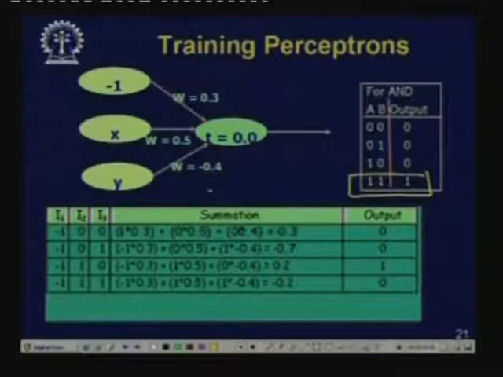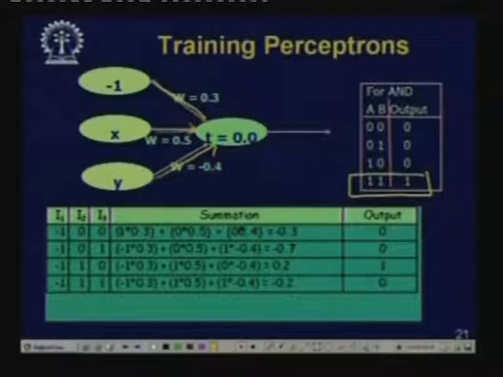Now, given this network, we have to see what the error of the network is with respect to this table. If A is 0 and B is 0, we can find out what the output would be. These links do not contribute anything, only this link contributes.